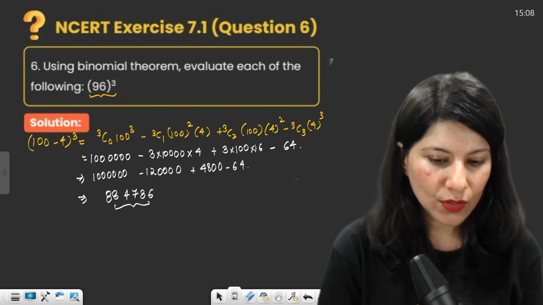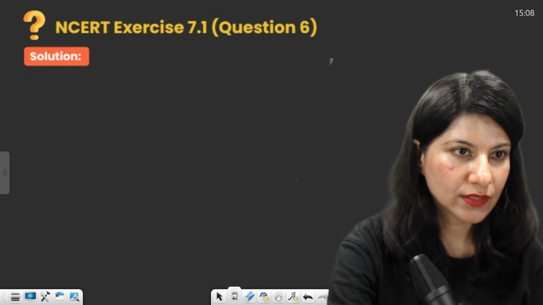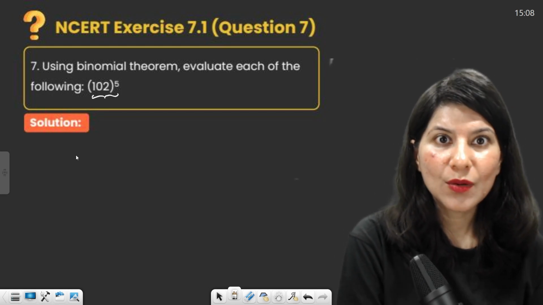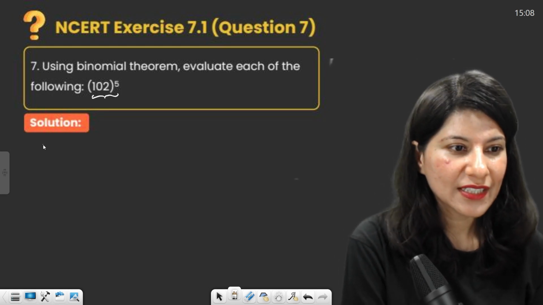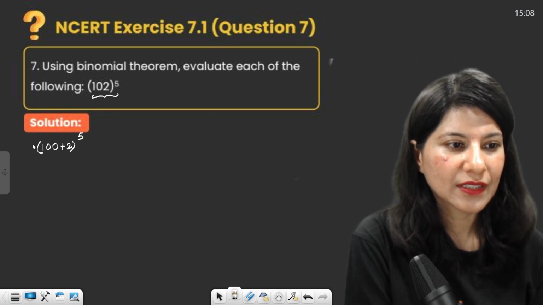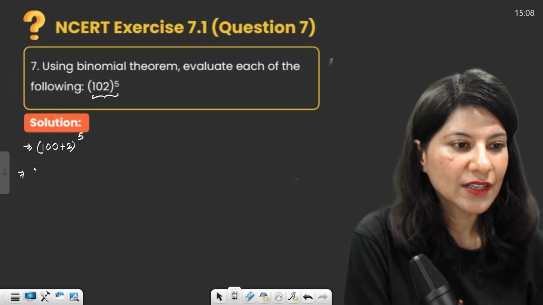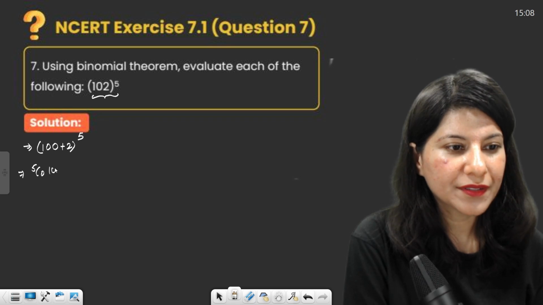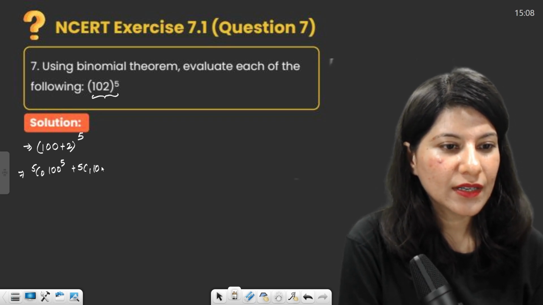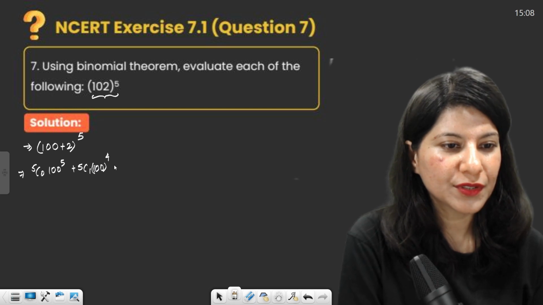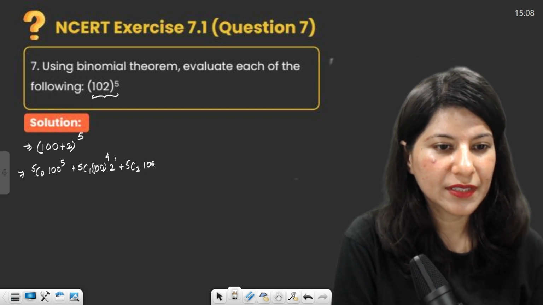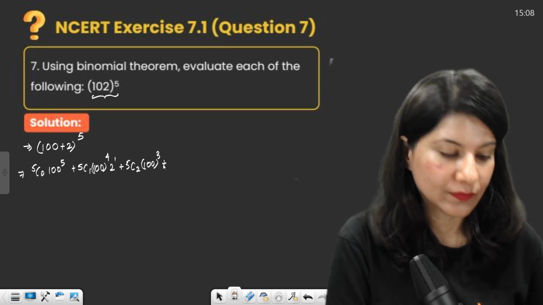Okay, all right. Now let us move on to the 7th question. Again similar type, 102 raised to power 5, right? So this is (100 + 2)^5. Now expand. Again 5C0 100^5 plus 5C1 100^4 into 2 plus 5C2 100 cubed into 2 squared.